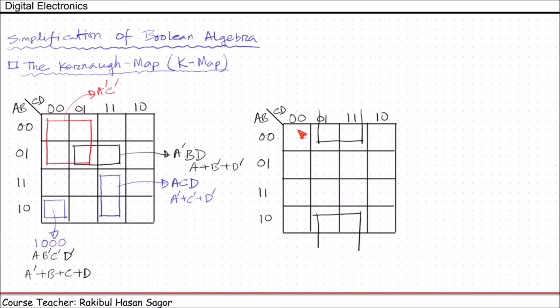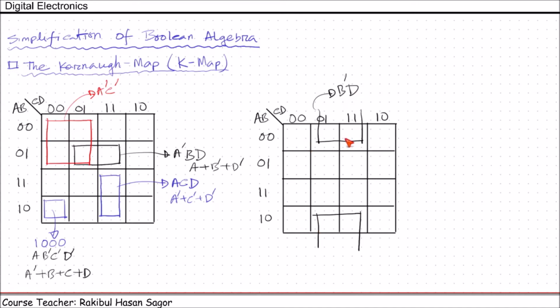We will ignore A. So the name of this box will be B equal to 0, B equal to 0. So we'll write B prime. C equal to 0, C equal to 1. So we'll ignore C. D equals to 1, D equals to 1. So we'll write D. So the name of this box is B prime D.